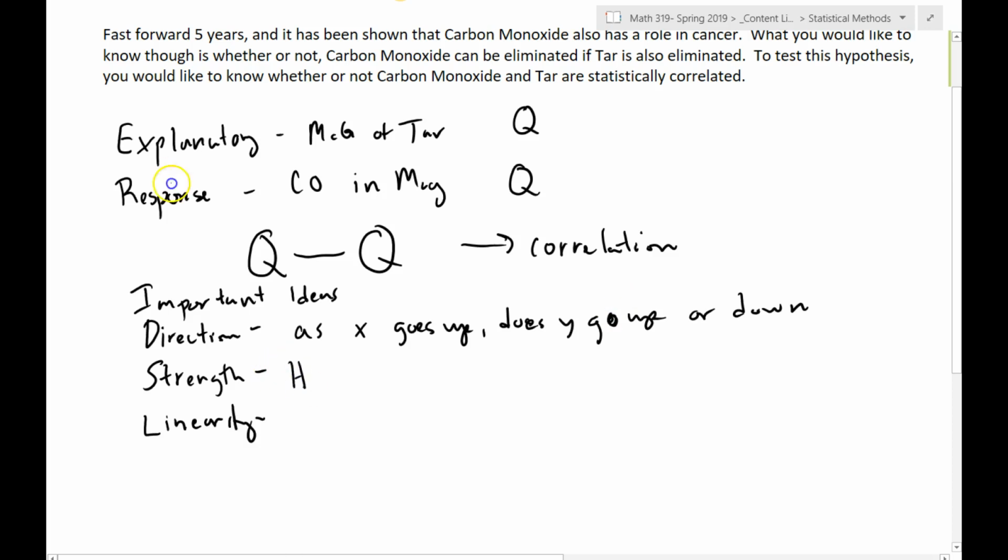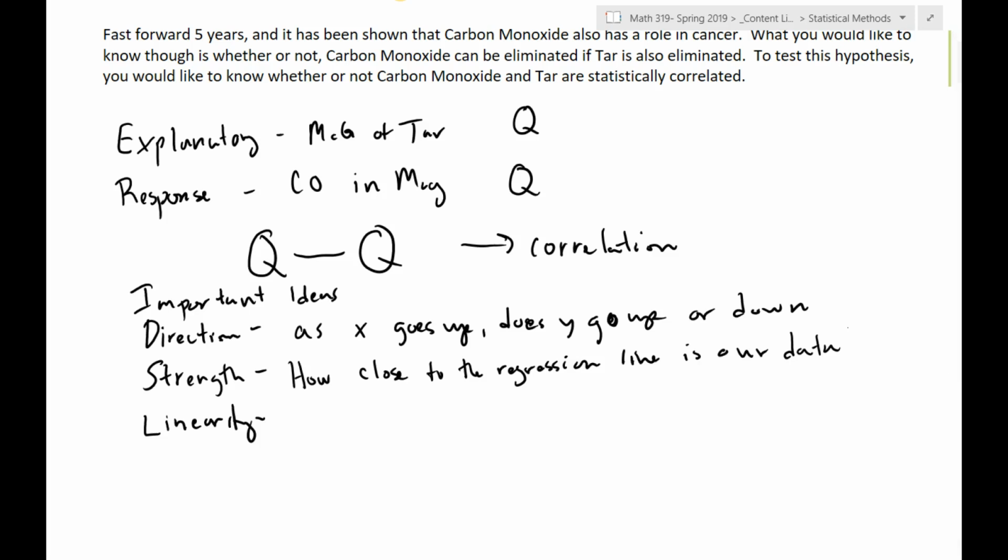Strength is literally how strongly related, how close to the regression line is our data. When we look at our data, it generates a regression line, and we just want to know how close our data is to the regression line.